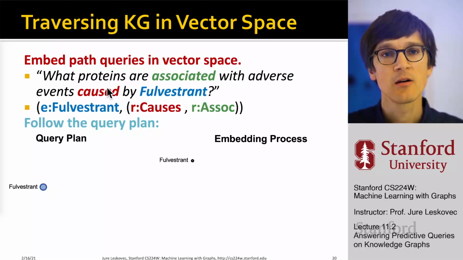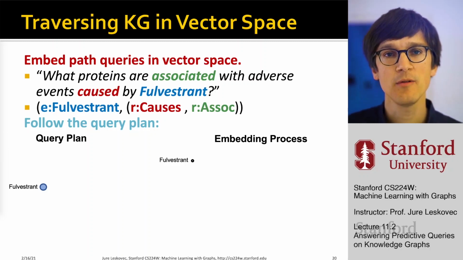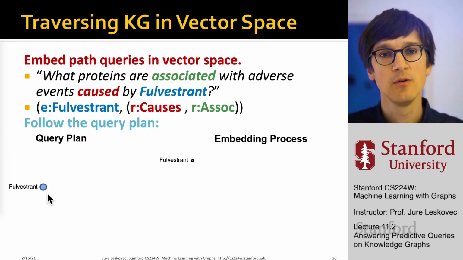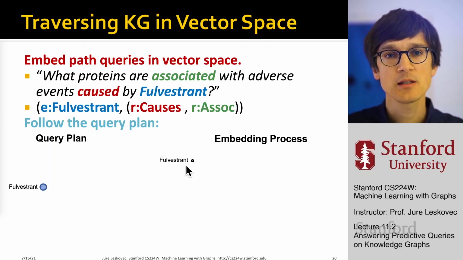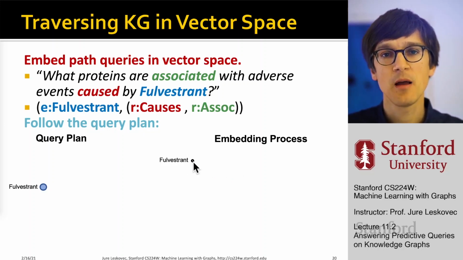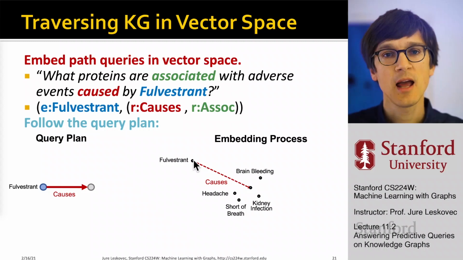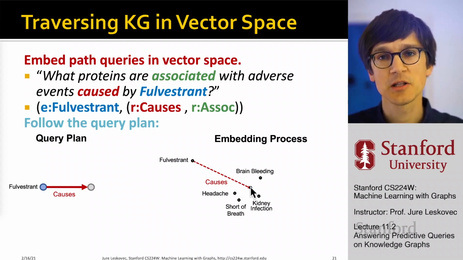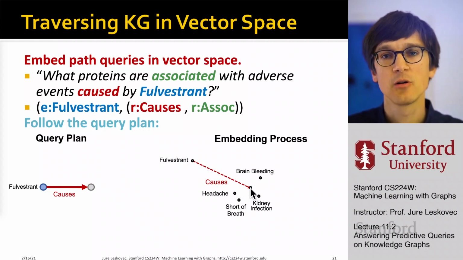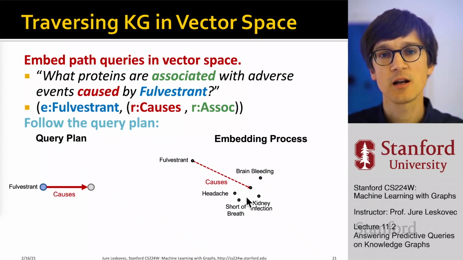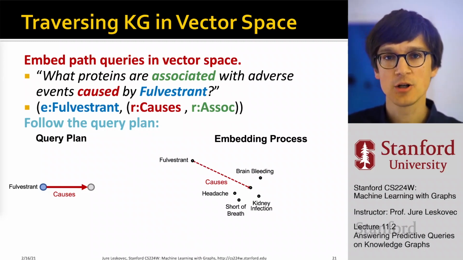To give you an example, I could ask what proteins are associated with adverse events caused by Fulvestrant. Here is, hypothetically, the embedding of the drug Fulvestrant in my embedding space. Then I would traverse across a vector that I have learned for the causes relation, and the goal is that all the side effects that are caused by Fulvestrant are embedded close to this point. Now that I'm at this point, I traverse along the relationship associated with.